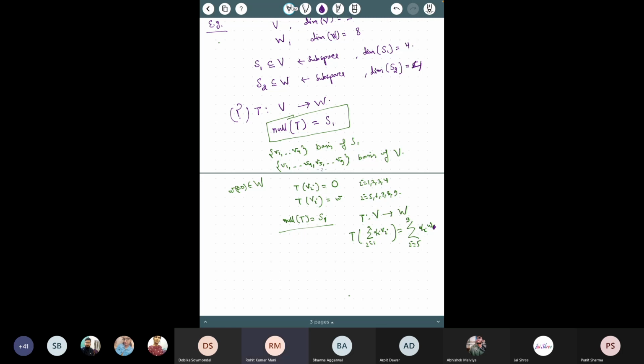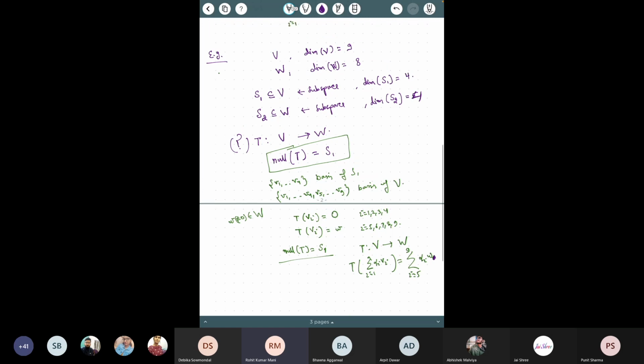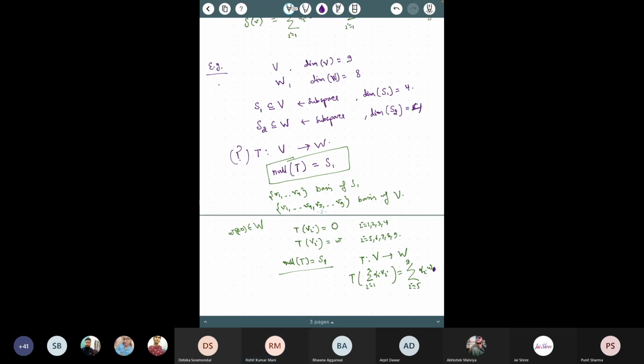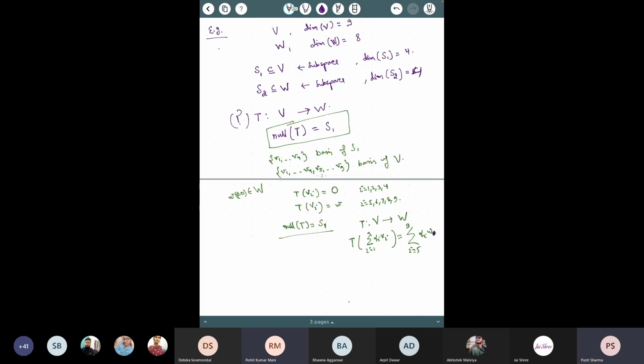Since we are taking only W, we are only taking one element of the vector space capital W, that is small w. So that will form a subspace which has dimension 1. So that will imply the nullity has dimension 8. And we want the nullity to be 4.